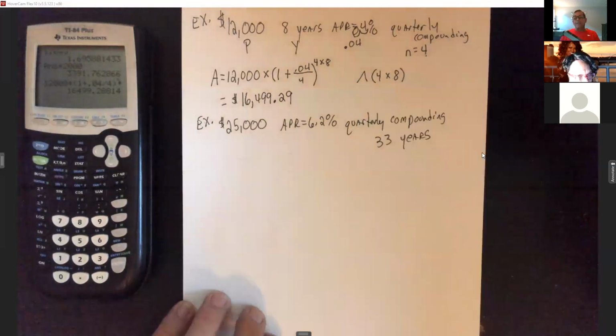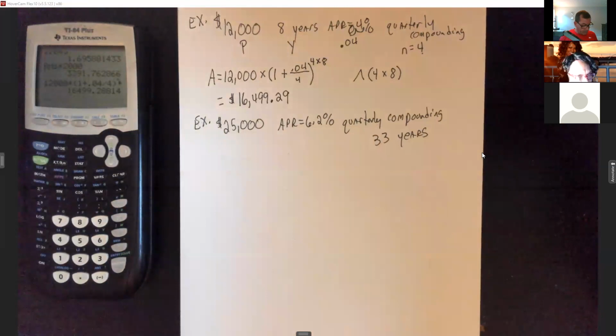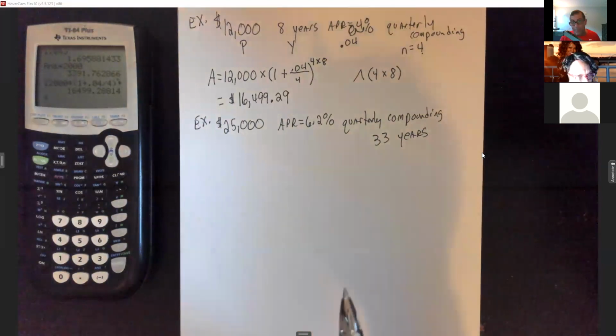So that is definitely a long investment, okay? But I'm going to see what's going to happen to my $25,000 that I'm investing at 6.2% with quarterly compounding.